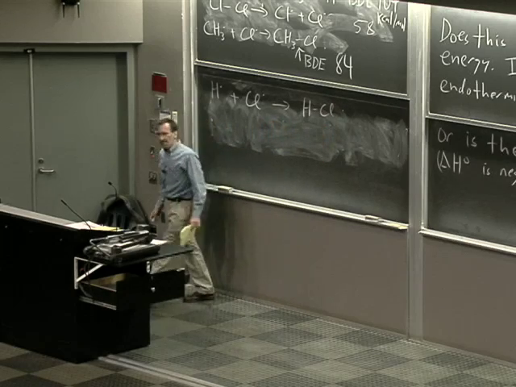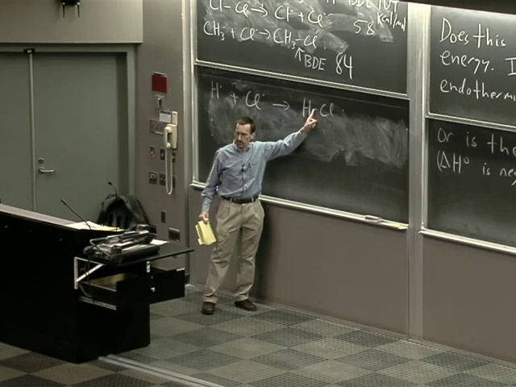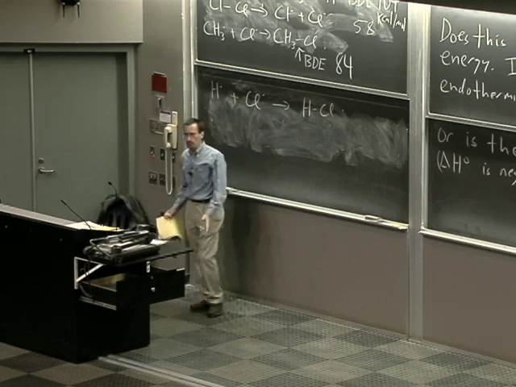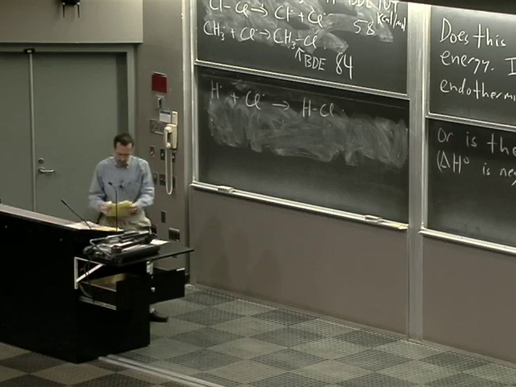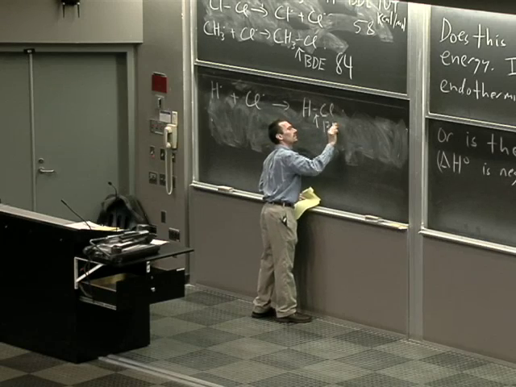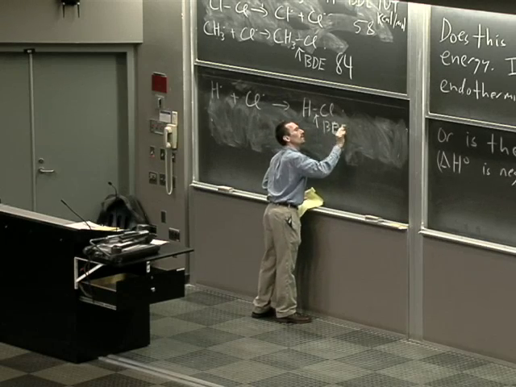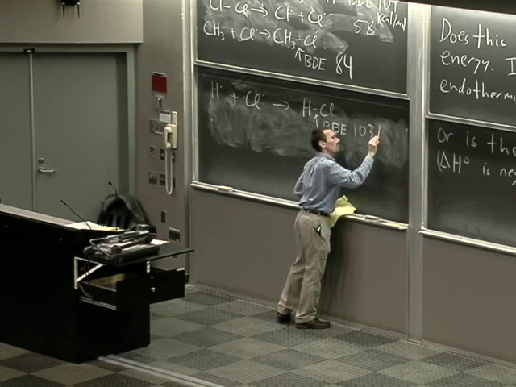And so we have to think about the energy, the price that we pay for breaking this bond, and then just realize that we reap the reward of that energy when we tally everything up. So the bond dissociation enthalpy here is 103 kilocalories per mole.